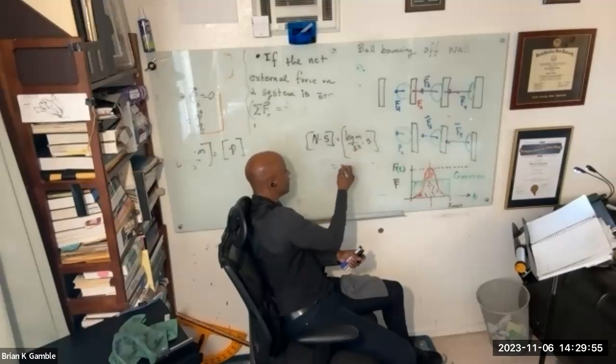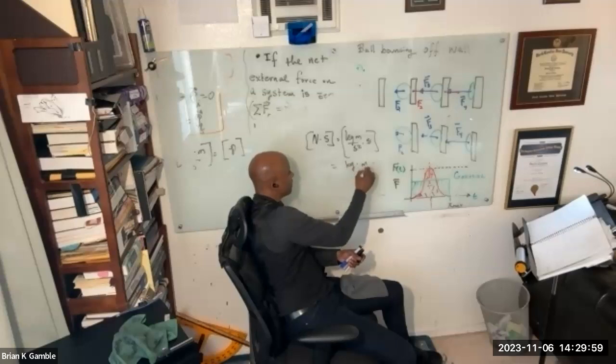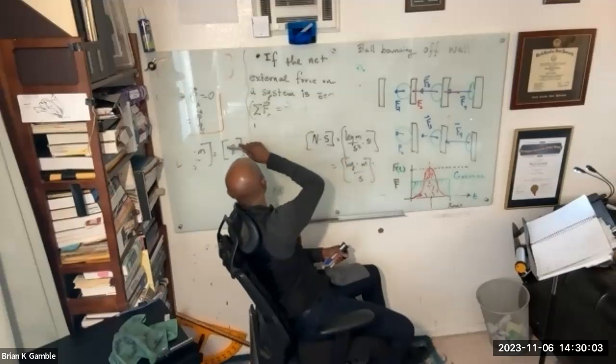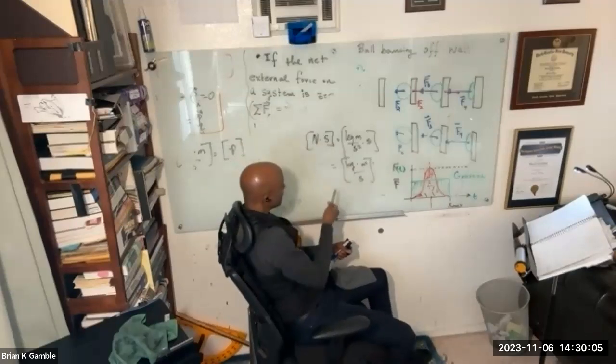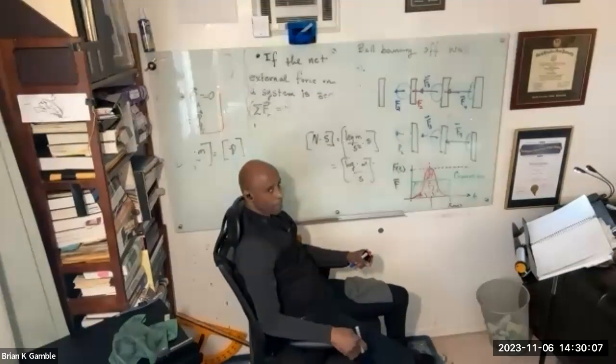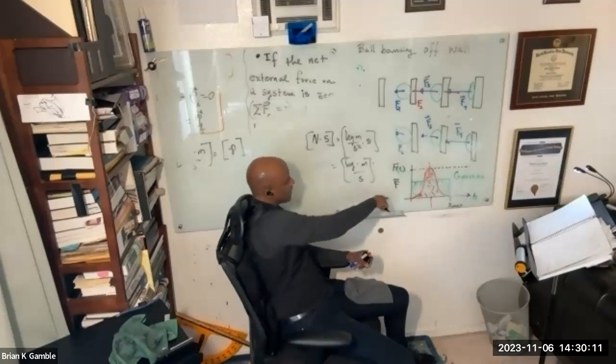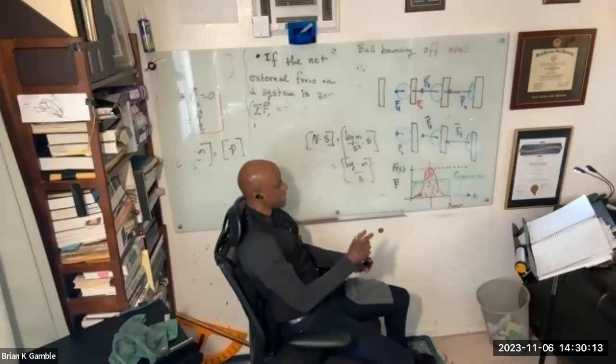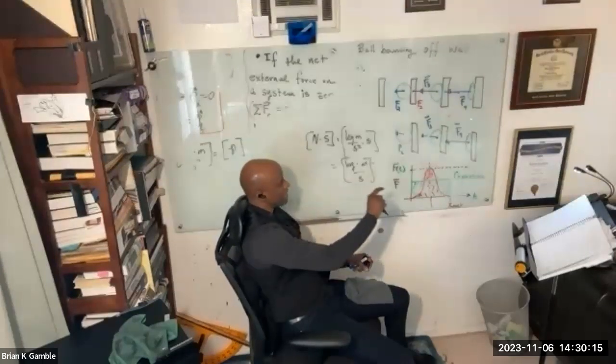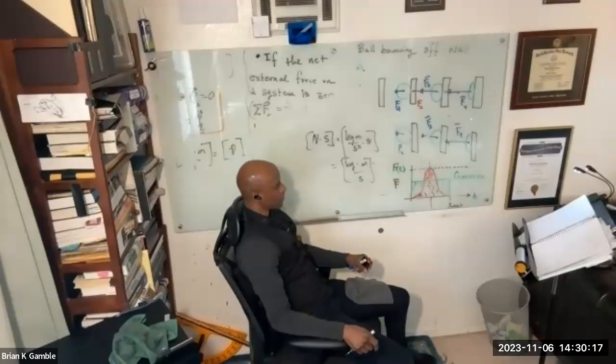The seconds cancel, and we end up with kilogram meter per second. If you look back over here, well, I've erased it already, that's units of momentum. So basically, the area under the F of t curve is the change in momentum of the system as that ball compresses and bounces off.